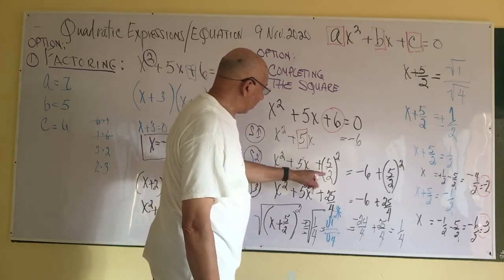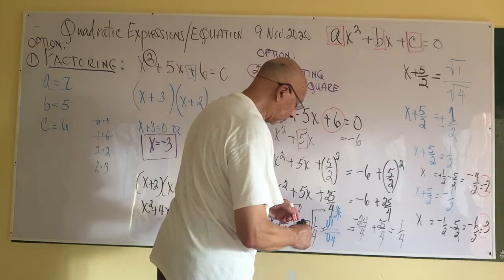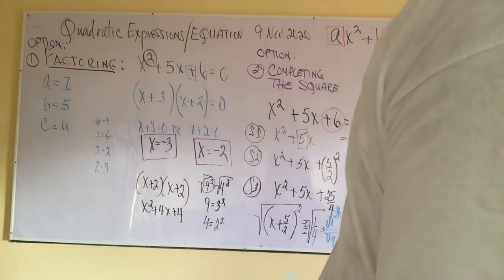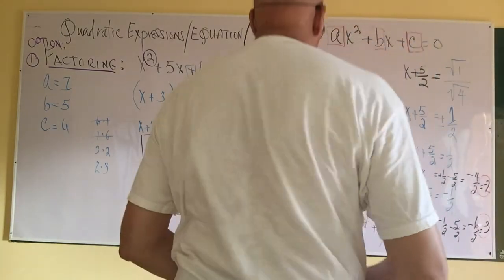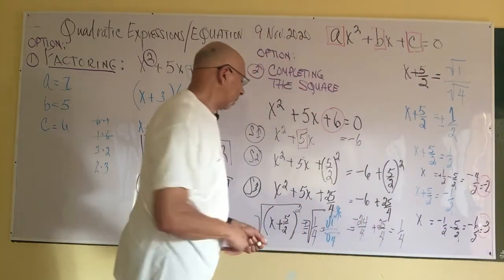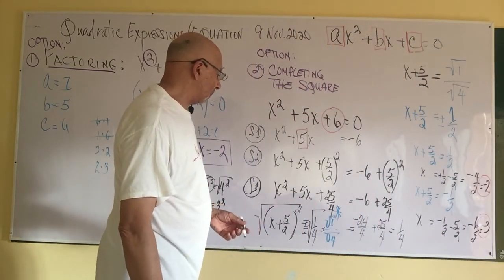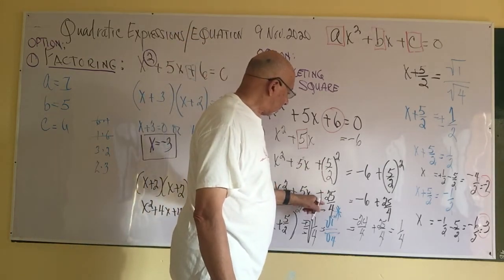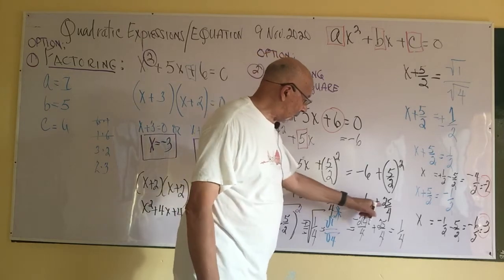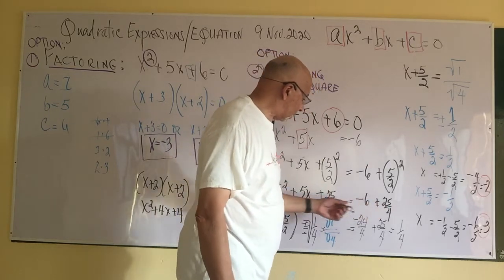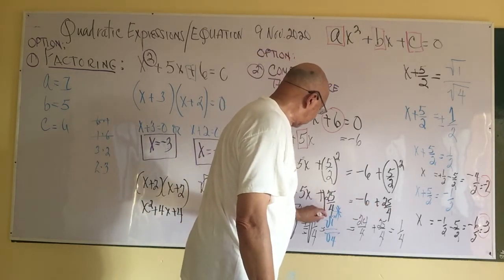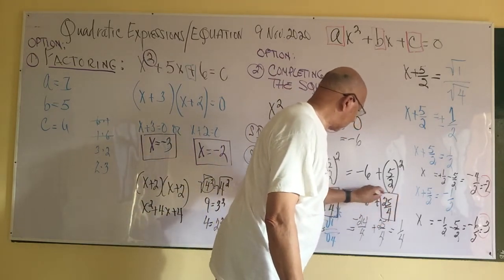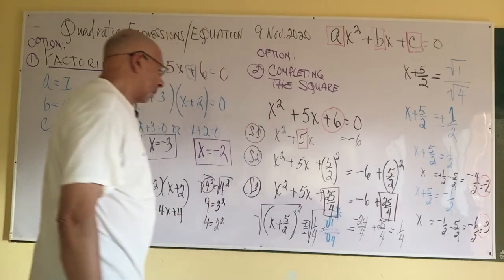And then to keep the equation balanced, which you have to do at all times, if you change one side, you have to change the other side, otherwise the value of the equation is no longer equal. So since I put 5 over 2 squared, I got 25 over 4. I had to add 25 over 4 on this side. So this forced me to put this on the other side.